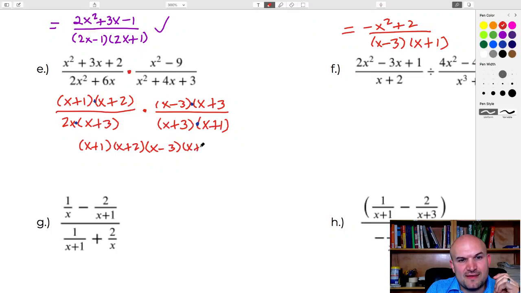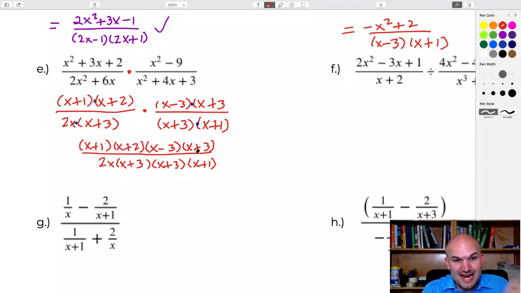But I want you to understand that once you get to that first point, you really are looking at the problem like this: 2x times x plus 3 times x plus 3 times x plus 1. So it's really just like one complete fraction, but everything is multiplied by each other.